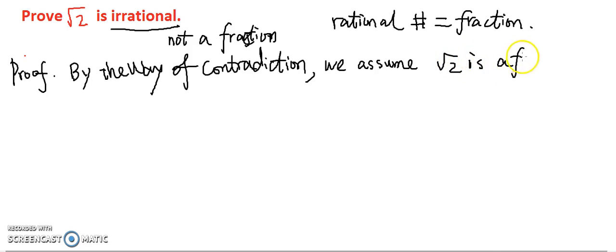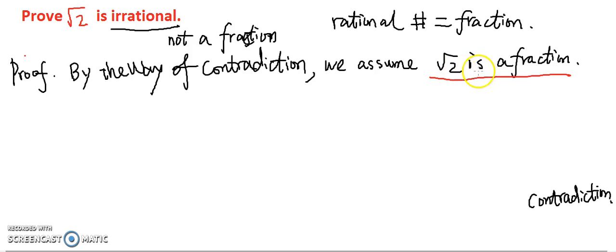In the end, we will get some kind of contradiction. And whenever you get a contradiction, you can say we got it because we had a false assumption. If the assumption is false, the opposite must be true, and that tells us square root of 2 is not a fraction.